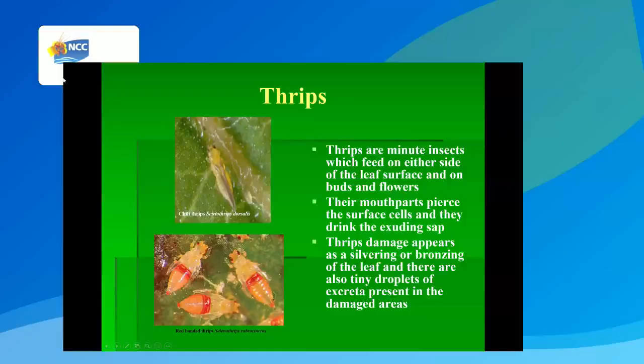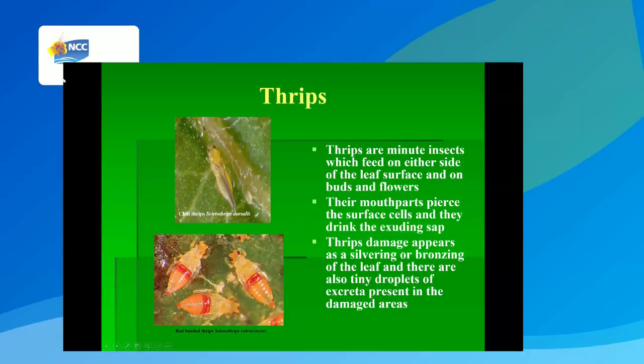And when they do so, the sap oozes out. And then they suck that sap up with their mouth, right? And then they leave a kind of silvery or bronzy appearance on the plant as well, which can cause damage to your fruit in particular.